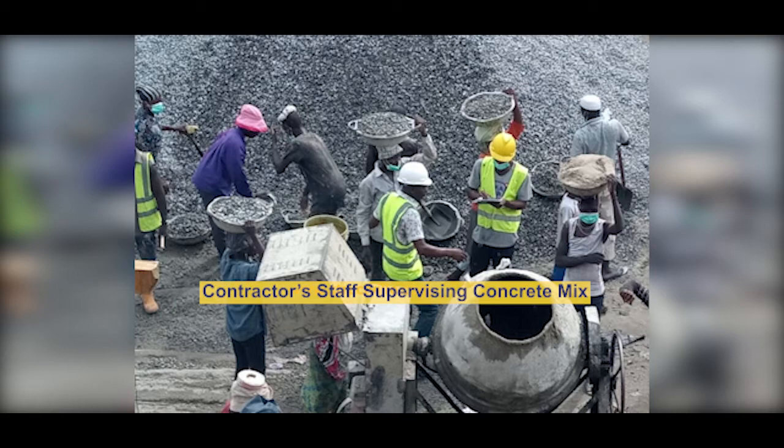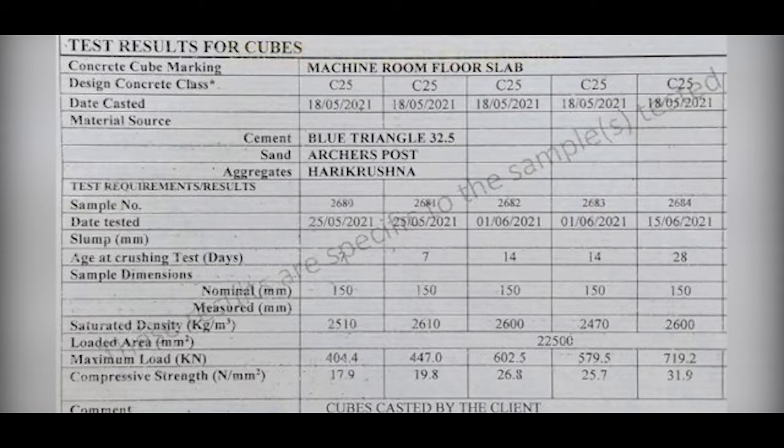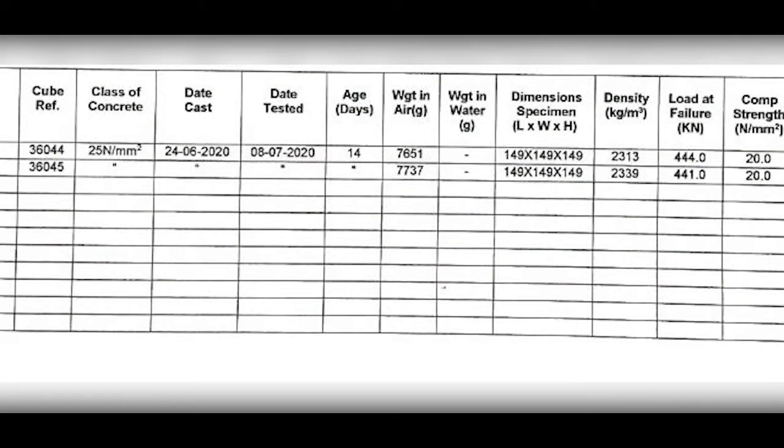And it is not recommended that concrete be mixed by hand, just by skilled or unskilled laborers using their own judgment to mix the concrete and assume it's going to achieve the target strength.